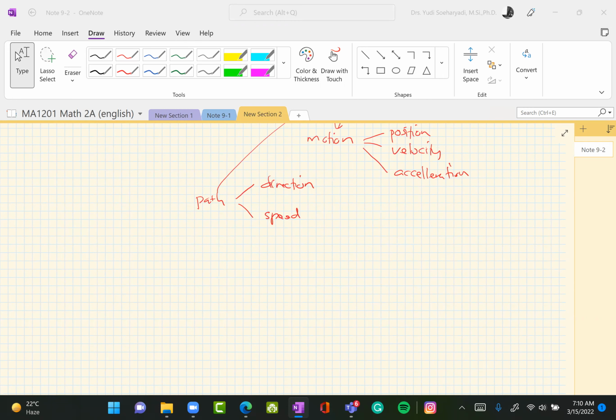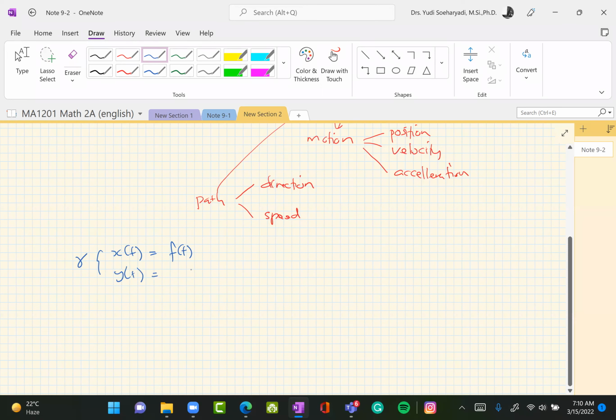So this curve gamma describes x as a function, say f of t, and y as a function g of t, with t in some interval between a and b. So this is an example.